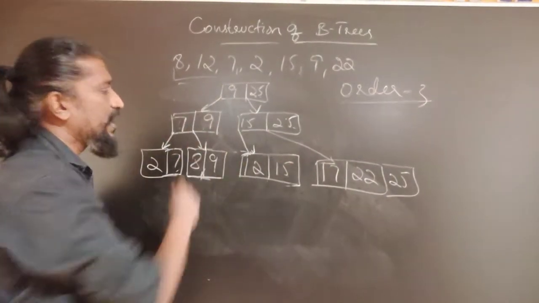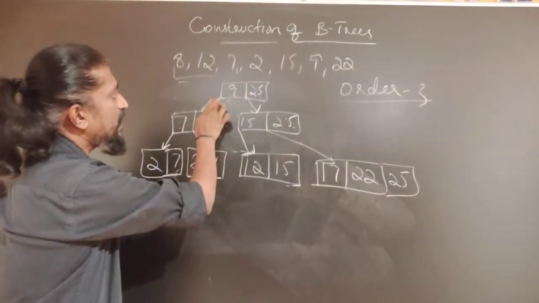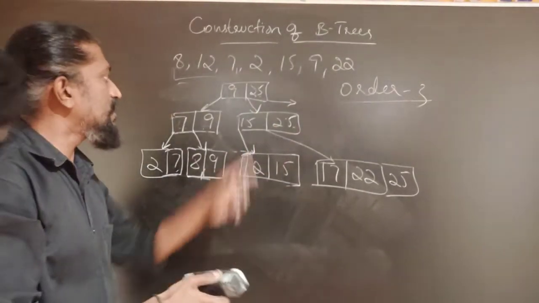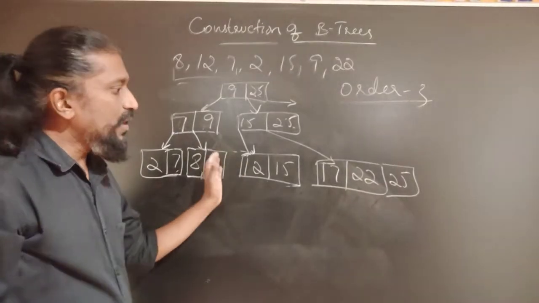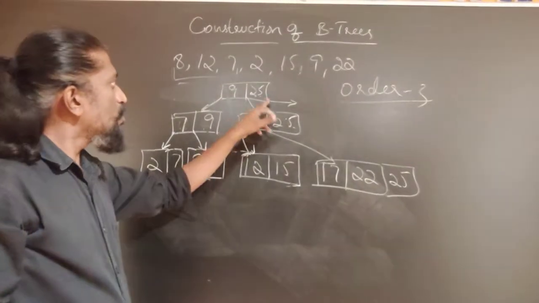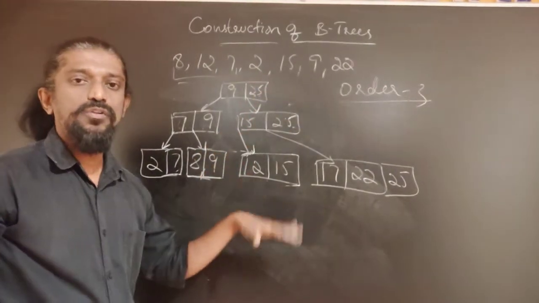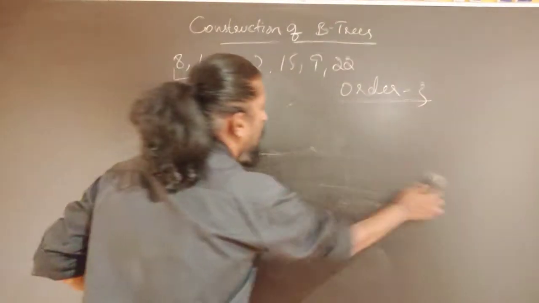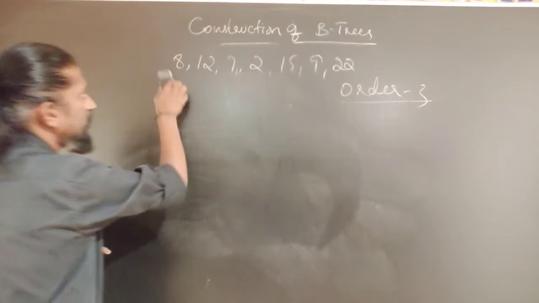Another observation in this B tree is that we have 2 keys and only 2 descendants, but we can also have a descendant to the right of 25, which we did not have. So in the B tree that we are going to discuss next, we will have a descendant to the right of 25 also, that is, the largest key present in the node. With these changes, we will see how we can construct the B tree for the same case of order 3.